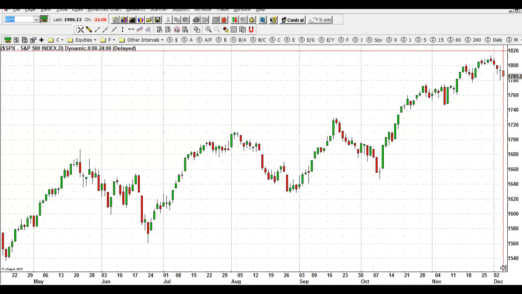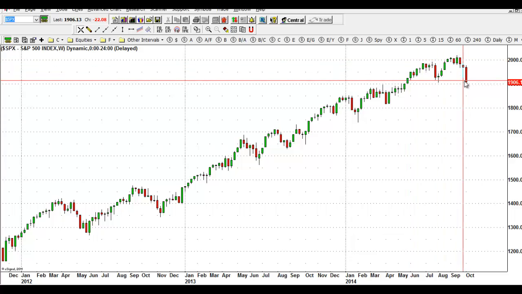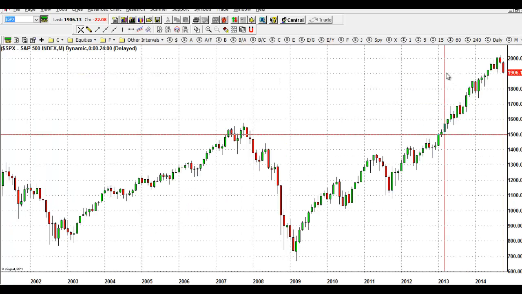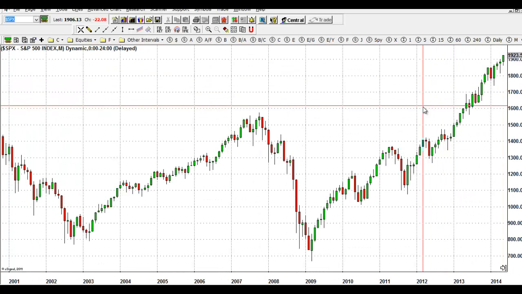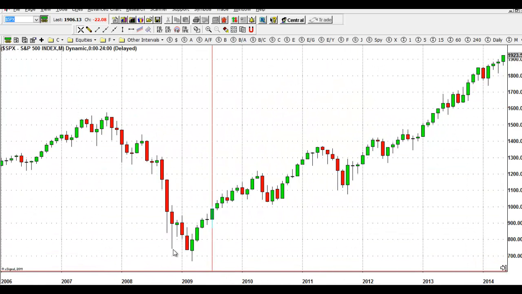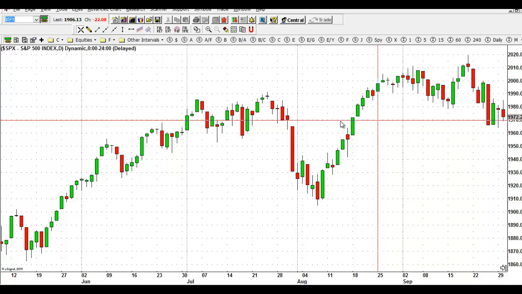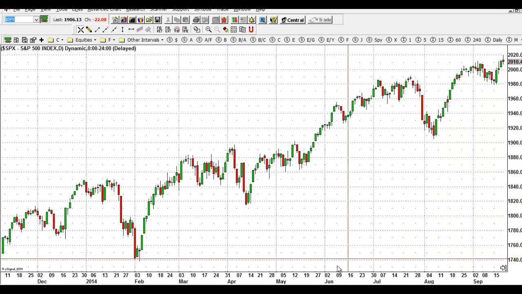If I say it's a weekly chart, each bar will represent one week. If I switch to a monthly chart, each bar will represent one month. So the length of the bar depends on the time frame. If this is a daily chart, each bar represents one day, and so on and so forth.